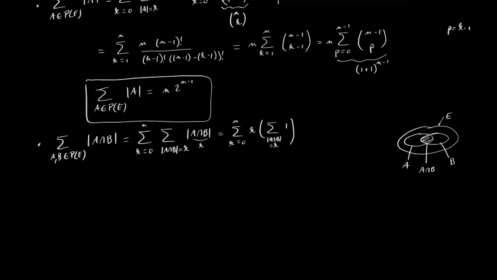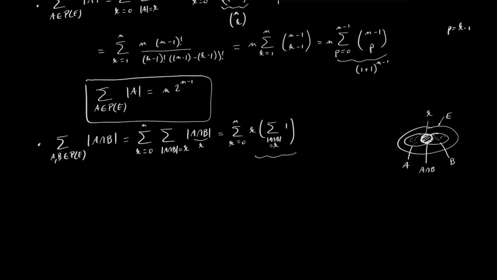Here the reasoning will be slightly different because we will start with this intersection. So we will start with a subset that we will call the intersection of A and B that contains k elements, and then we are going to find how we can add some elements in B that do not belong to A and how to add some elements of A that do not belong to B, so we can find all the subsets whose intersection has a cardinality exactly equal to k.